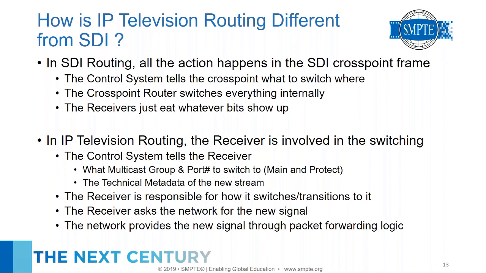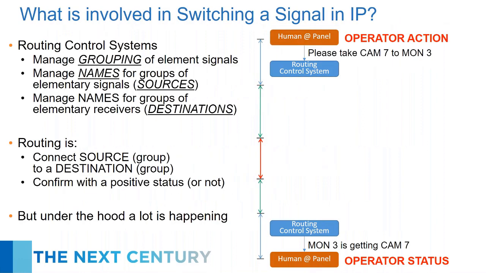Now, to make that happen, then we needed a way to talk to the receiver. But first, let me dwell on the other points. Sorry, slides are in a different order than I expected. So whether it's SDI or IP, generally either a human or an automation system makes a routing request.